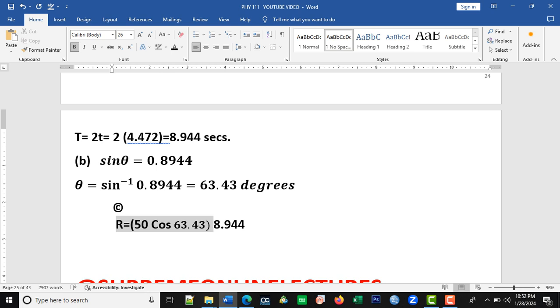Okay. When we simplify what we have here, we get 200.02 meters.